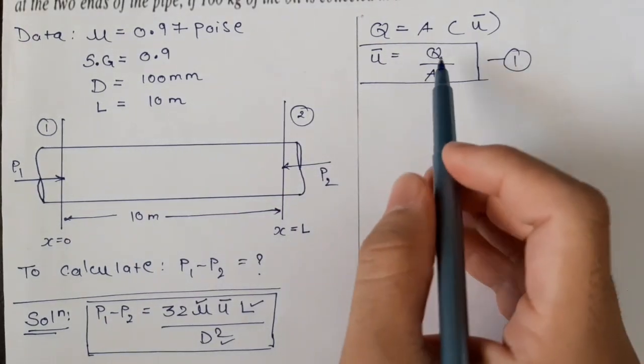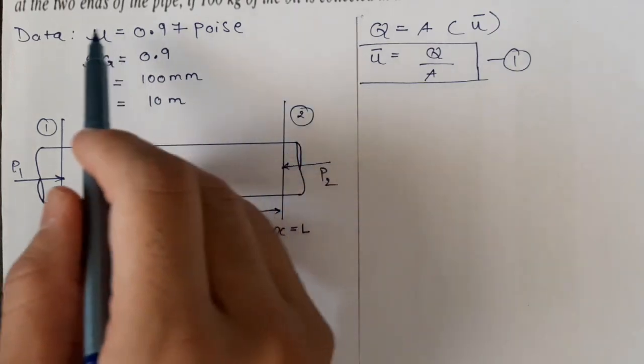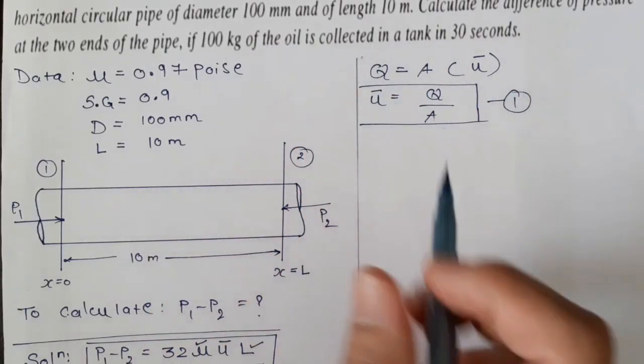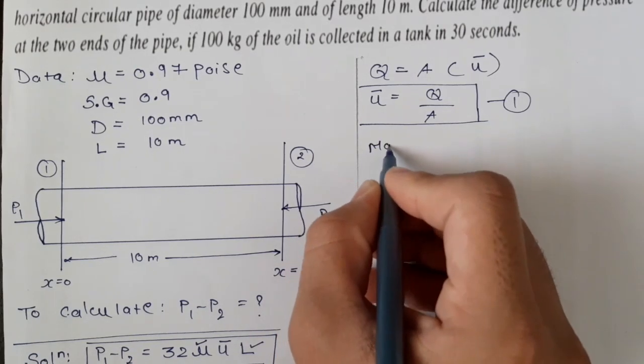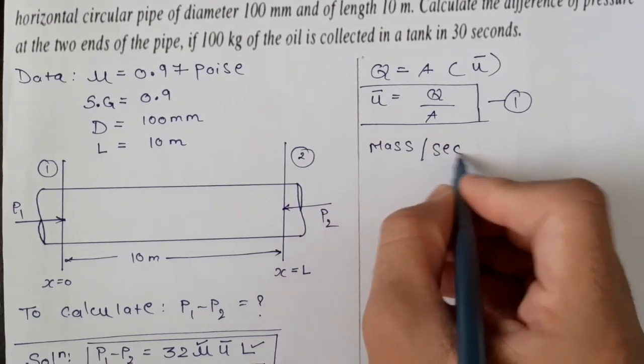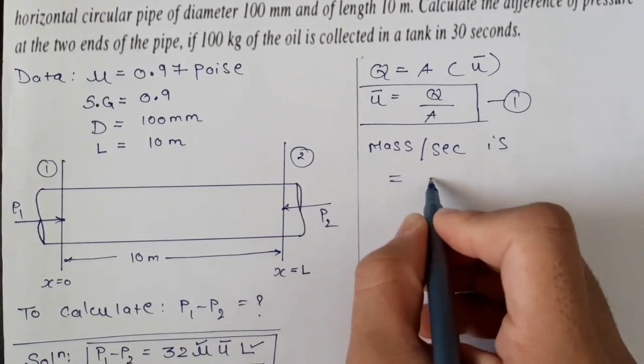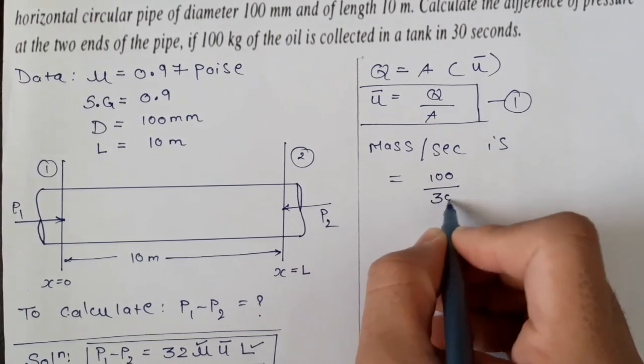So now we have to find the Q. Here in the question it is mentioned that if 100 kg of oil is collected in tank in 30 seconds, that is mass per second is given, that is equals to 100 upon 30.